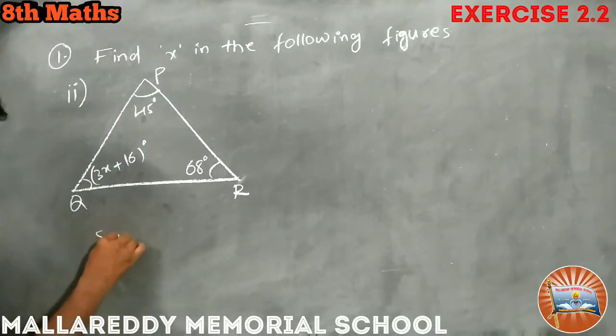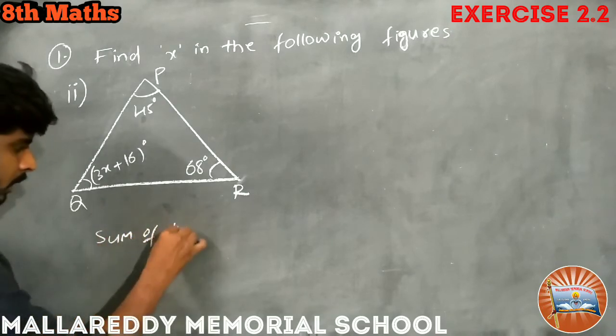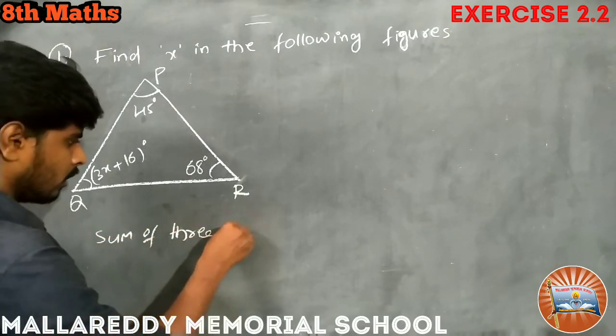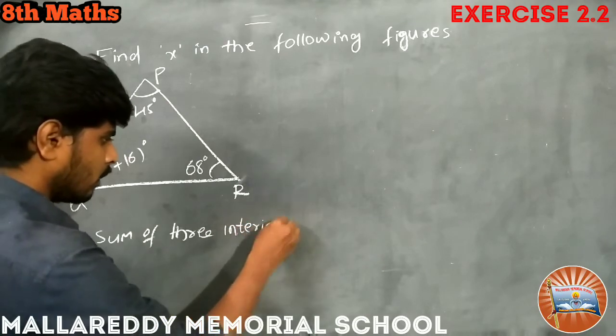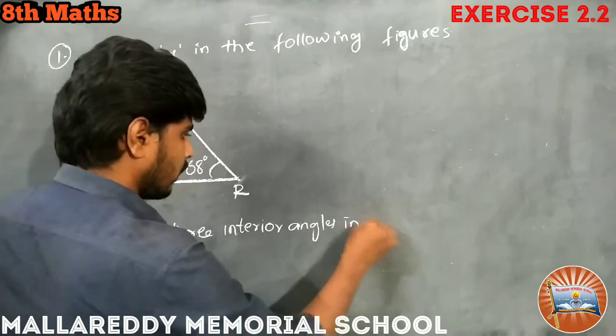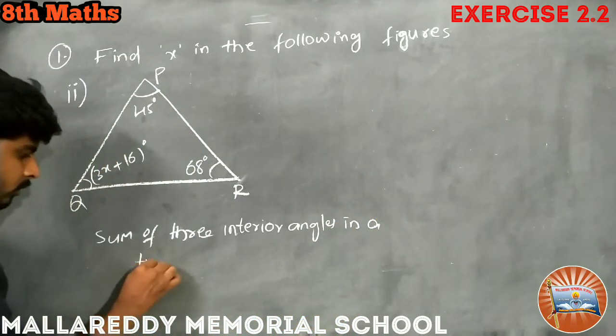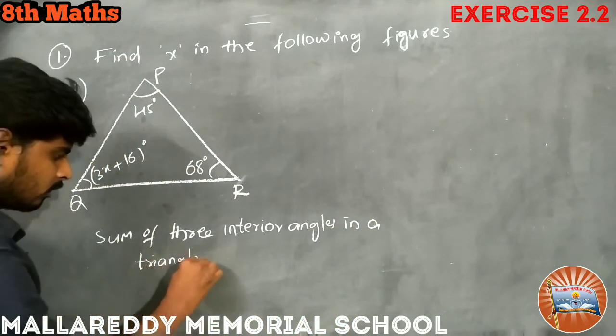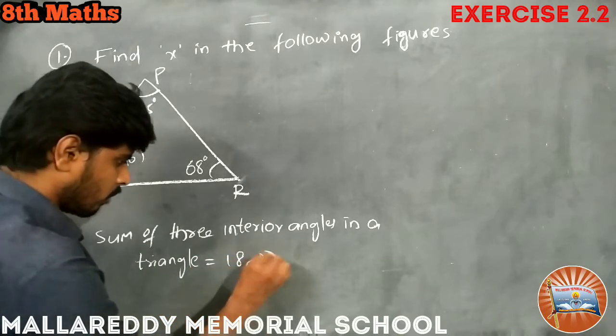So the sum of three interior angles in a triangle is equal to 180 degrees.